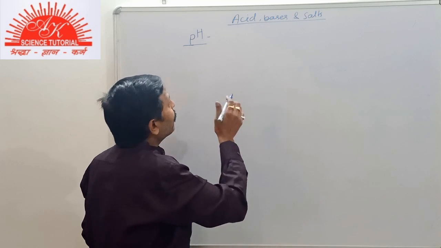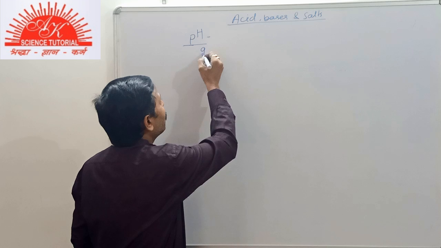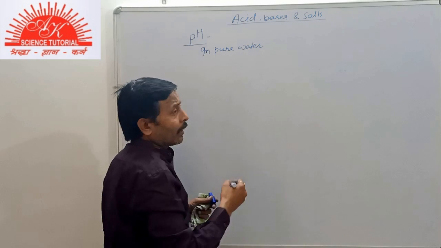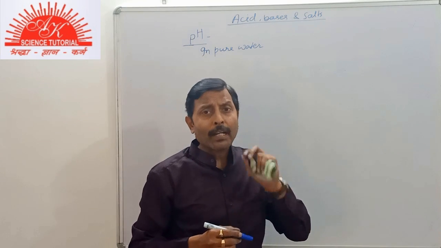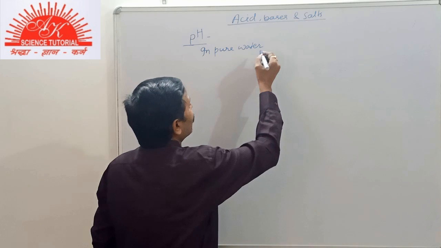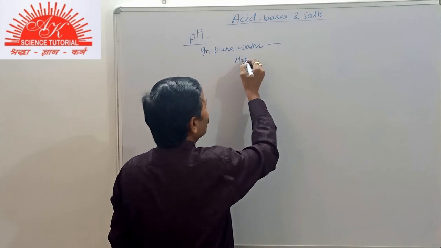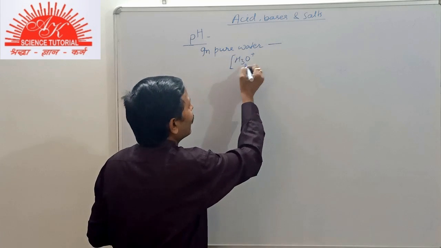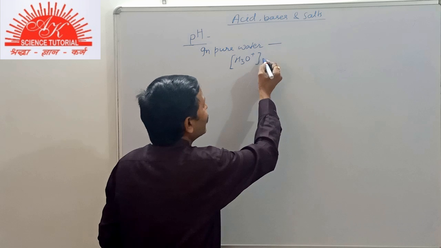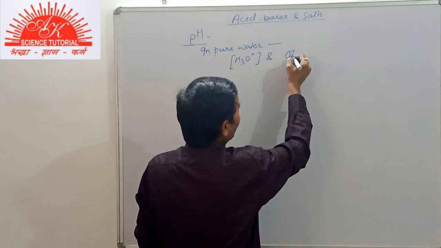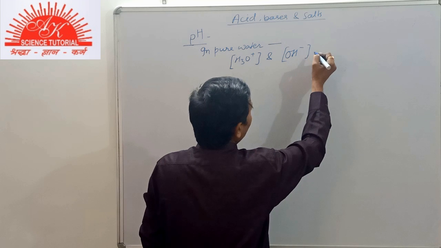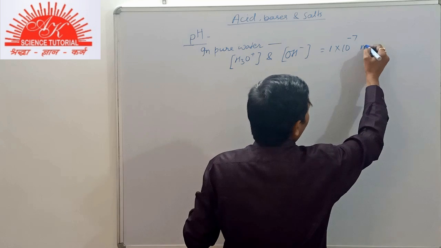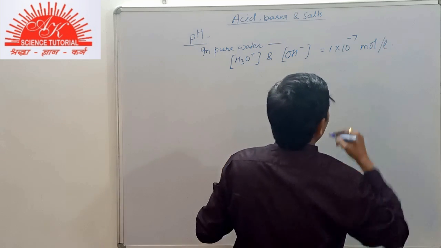So, in pure water, since water is very little ionized, the concentration of hydronium ion, and when we have to write the concentration of any chemical, it is written in a square bracket, the concentration of hydronium ion and hydroxide ions both are 1 into 10 to the power minus 7 mole per liter.